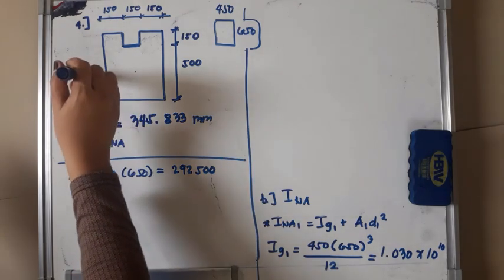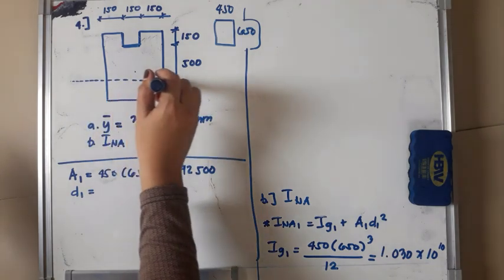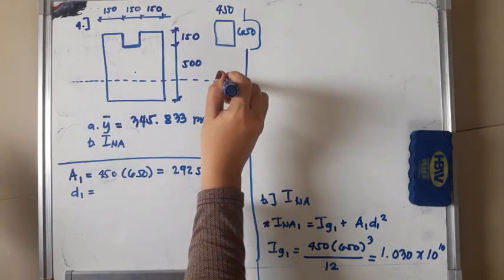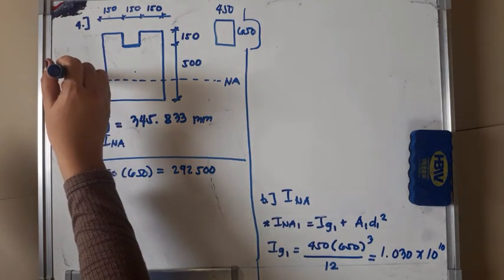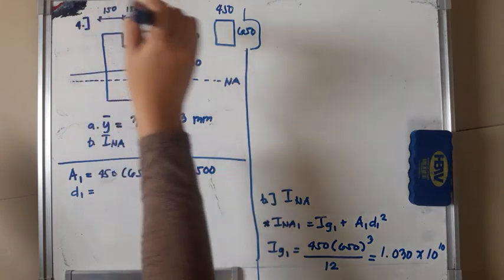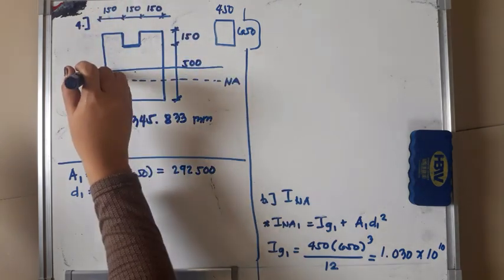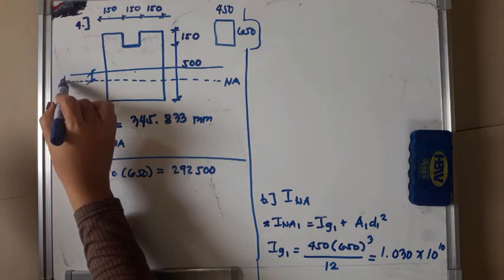So this is our neutral axis, the neutral axis of the section. This is the centroid of the whole rectangle. So this distance here is our D1.